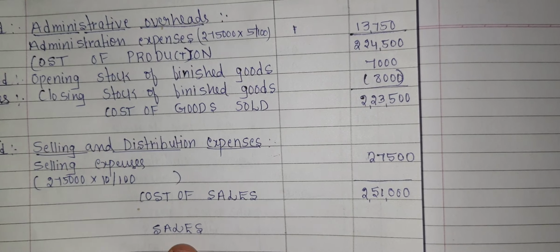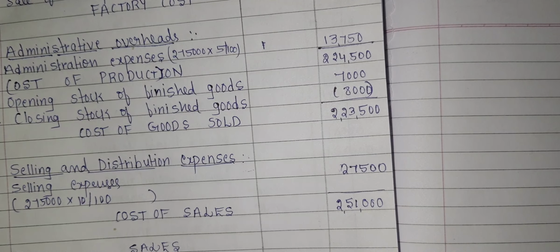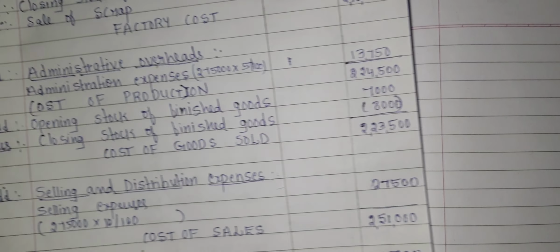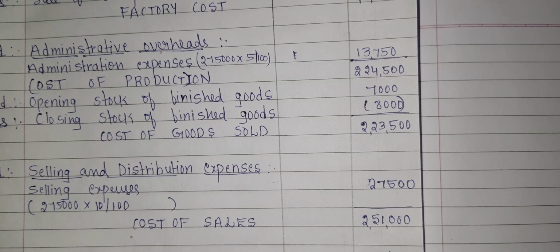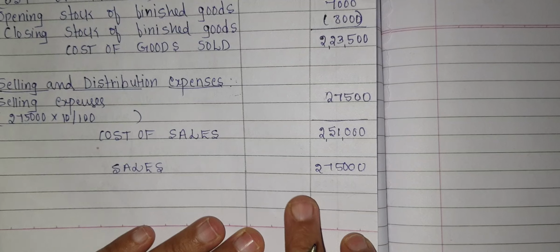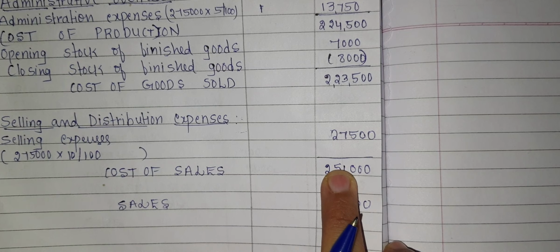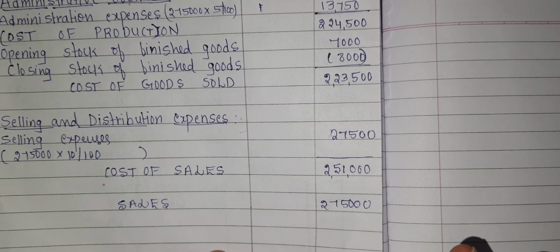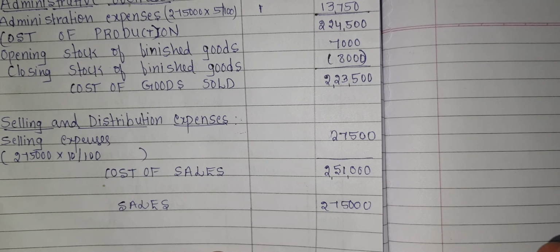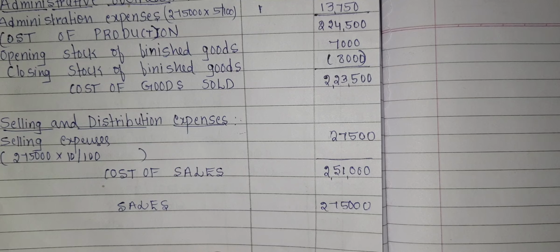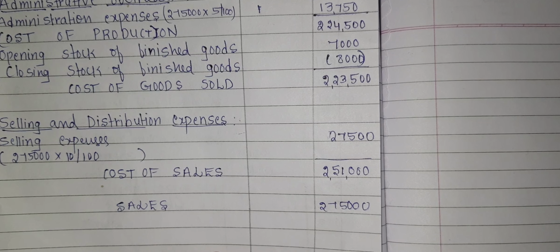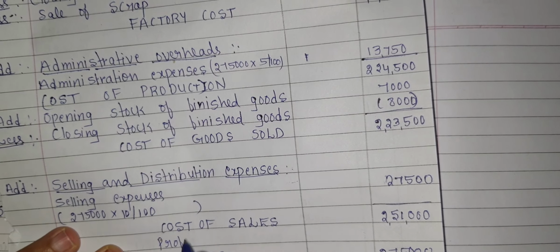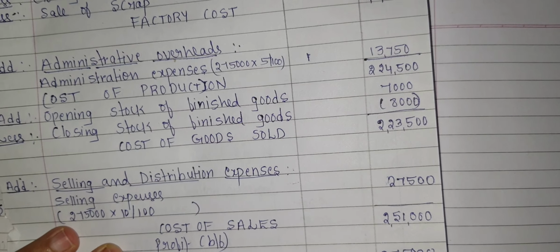Now at the end we have to write down the sale. Sales, that is rupees 2,75,000. Now our sales, that is rupees 2,75,000, that is more than total cost or cost of sales, that is rupees 2,51,000. It means what? It results into profit, because here sales is more than cost. So write down profit, that is our balancing figure.